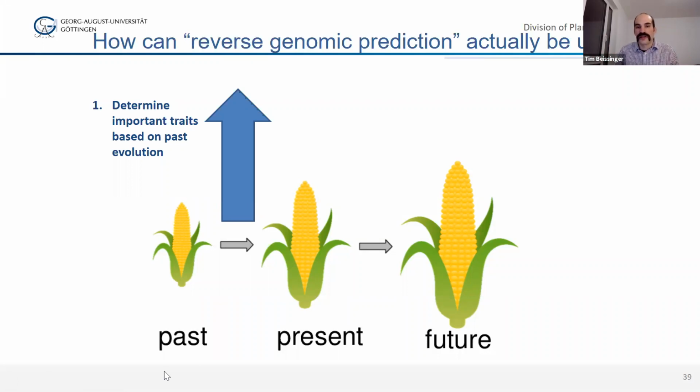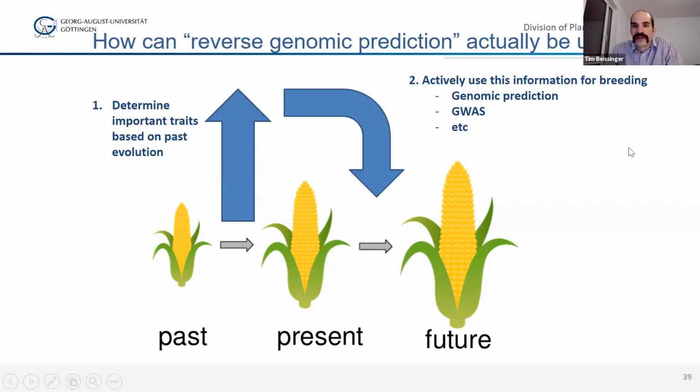The way we can use this GHAT reverse genomic prediction method for future improvement of crops is to first determine, based on past evolution, what traits are important. Then, using that information, we can actively apply whatever modern tool we feel like, genomic prediction, GWAS, whatever, to breed the future crops that matter the most.